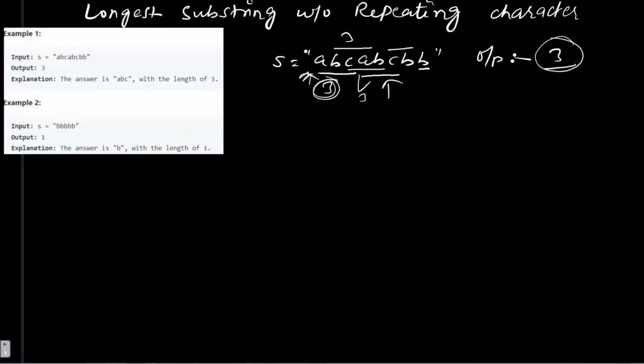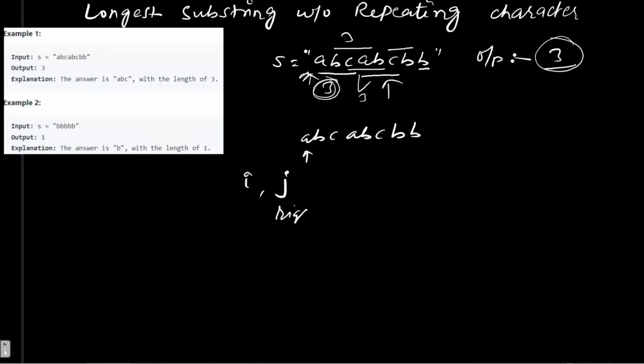So how can we ensure that we are taking care of both the indexes, the current one and the previous one? Let's again see this, abcabcbb. Let's take two indexes, that is i and j. We can say this right or left also.